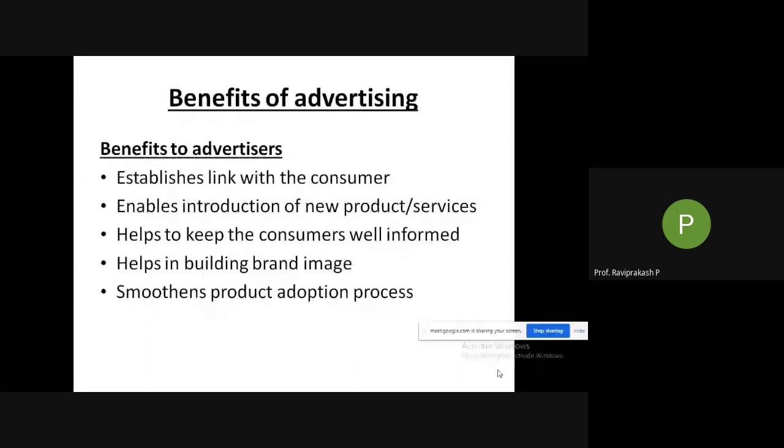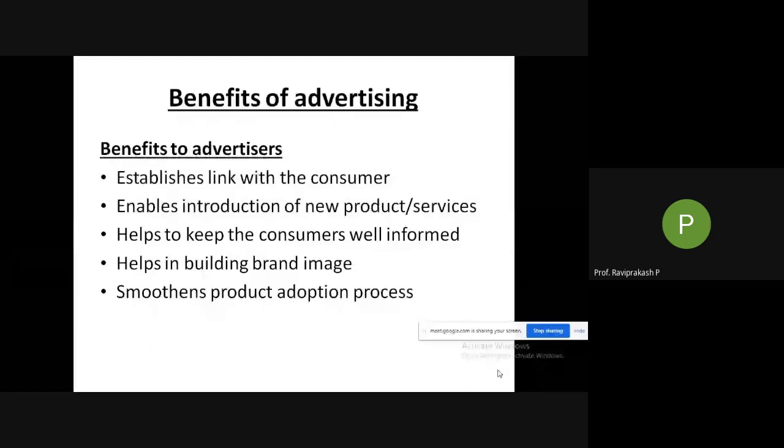Next, helps to keep the customers well informed. What is happening in the company? I'm not talking only about a product or a service. Even for the customers to have trust in the company, they should know what is happening in the company, whether it is going on well or not, what kind of product they are making, whether it is up to the mark, what the quality standards are.